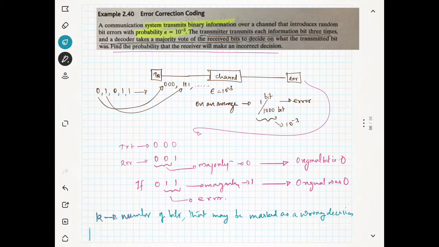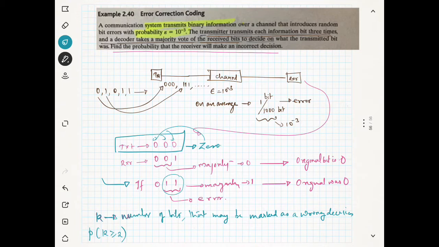That means if we have a wrong decision, the probability that k is greater than or equal to 2. You can see in this case it is a wrong decision, where the received bits can be 1 1. The original transmitted signal was 0, transmitted 3 times, but what is the probability that it may be marked as a wrong decision?